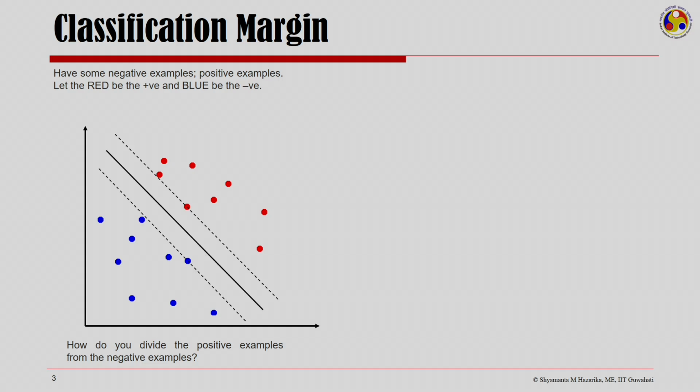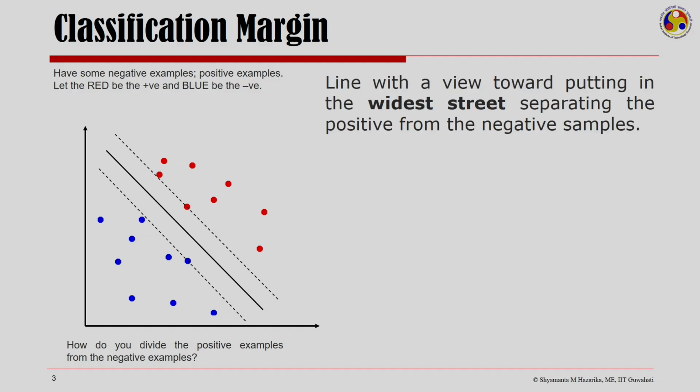The idea in support vector machine is to have a separation using a hyperplane where the width would be as maximum as possible. So, we are thinking of a line in between these examples with a view towards putting in the widest street separating the positives from the negative examples.